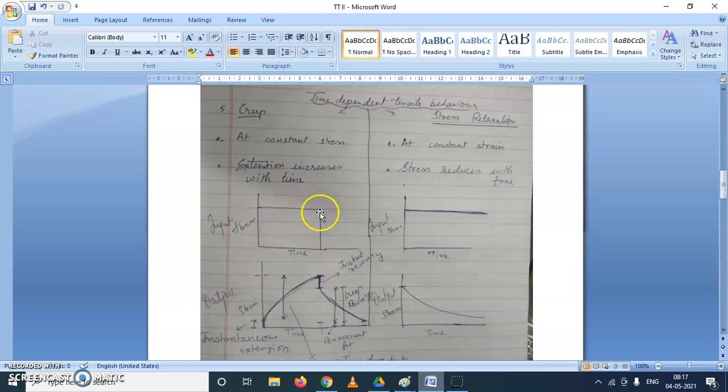We have given some load for this much time, and after that we remove the load. Now how does the sample behave? There is an instantaneous strain. This is instantaneous extension. If we put some load on any textile fiber, there will be instantaneous extension.